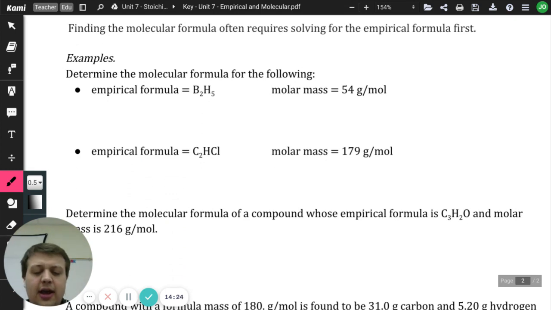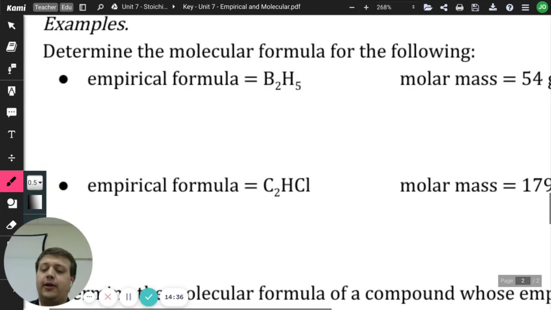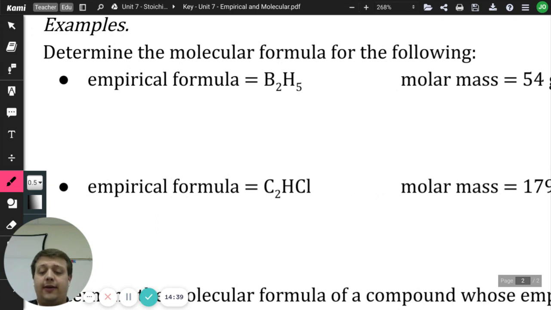So here it says, determine the molecular formula for the following. Before you can solve for the molecular formula, you need to know the empirical formula. Why? Because you need to know those ratios. So here I'm already given my empirical formula, B2H5. I'm going to have to solve for the molar mass. Remember, to solve for molar mass, I take the molar mass of boron and multiply it by how many borons I have.